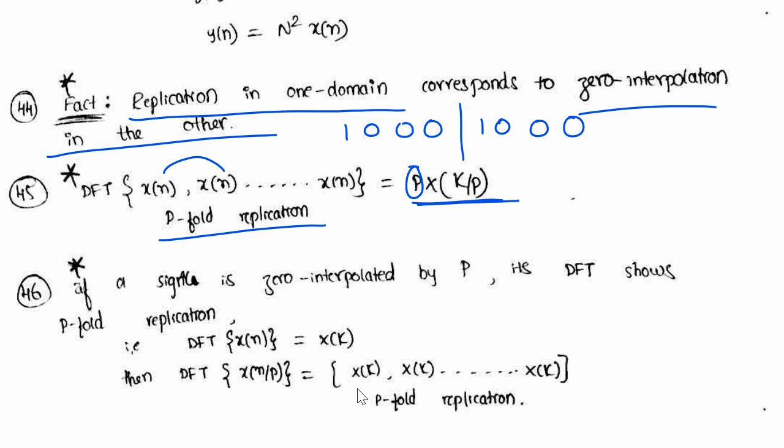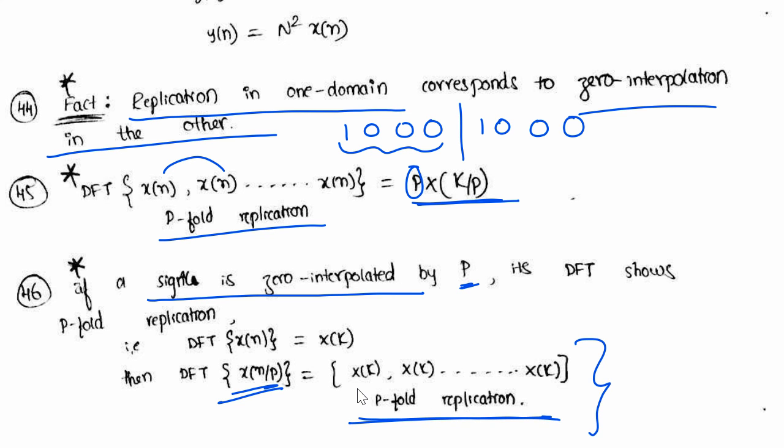The other property is that if the signal is zero interpolated by a factor p, then the output should be p fold. This also we saw. Verified.